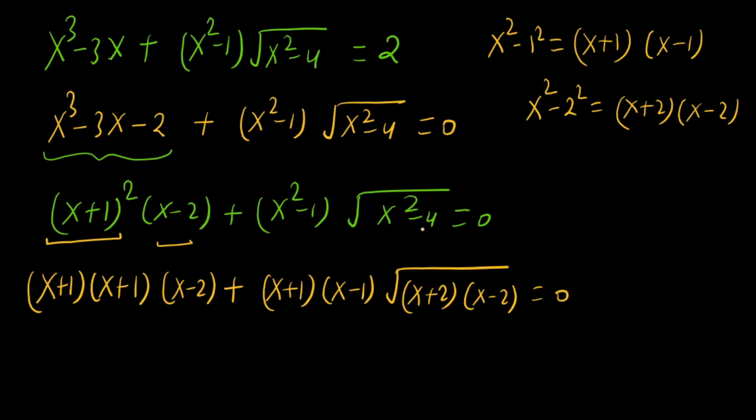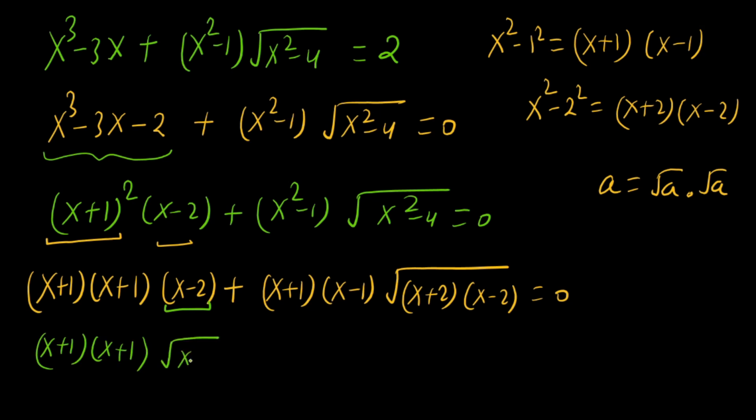Now, we know that a is the same as √a times √a. If we apply this rule here, this (x + 1)(x + 1) is the same, and x − 2 is the same as √(x − 2) times √(x − 2), plus (x + 1)(x − 1).